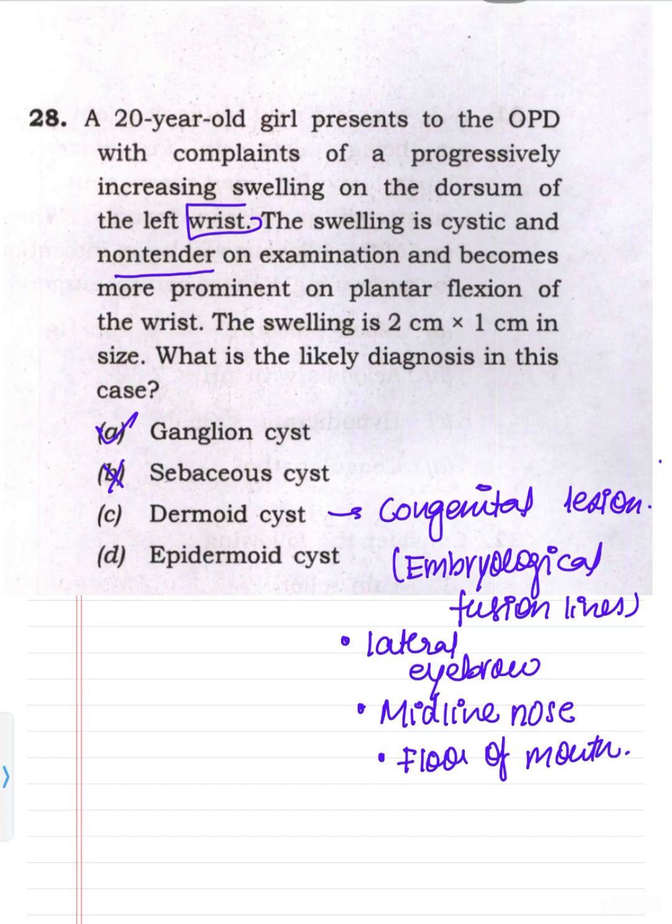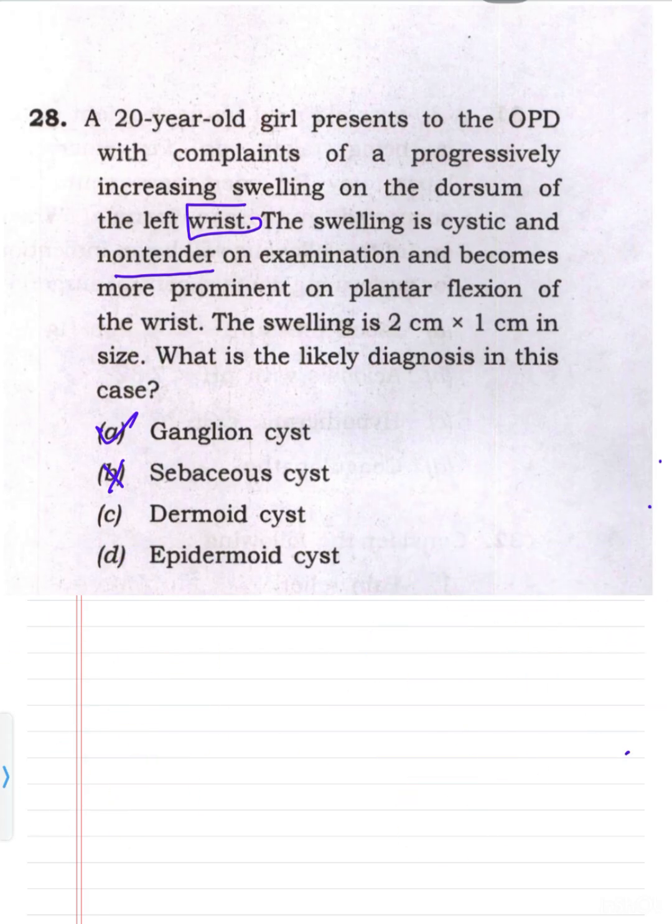The dorsum of the wrist is not a site of embryological fusion lines. Other than that, dermoid cyst has a doughy consistency, not the cystic one. It is putty-like, and not tense. So option C again becomes wrong. So C is also wrong.